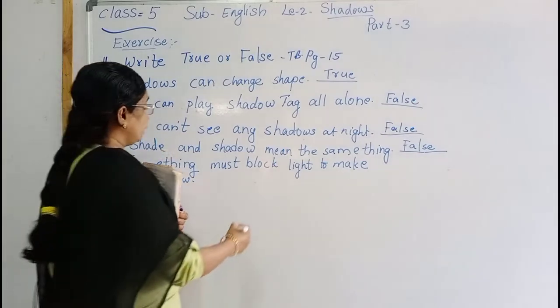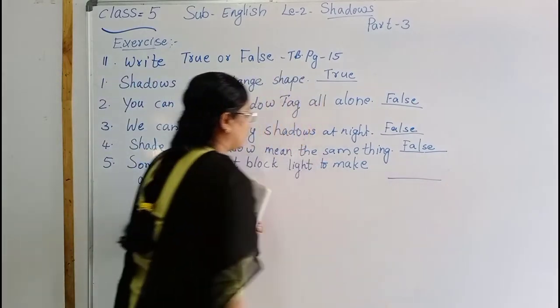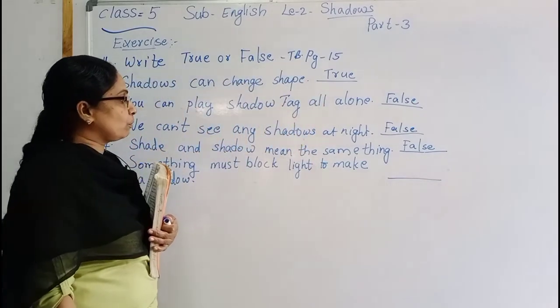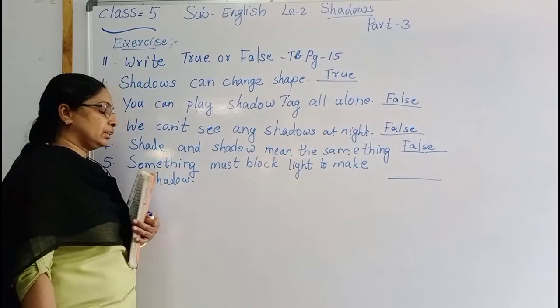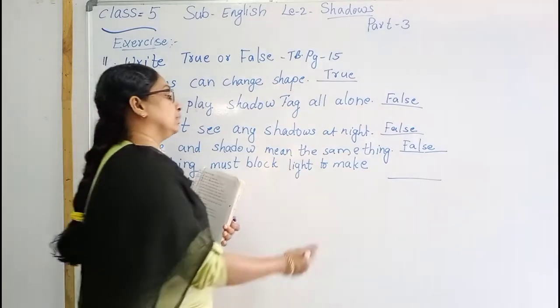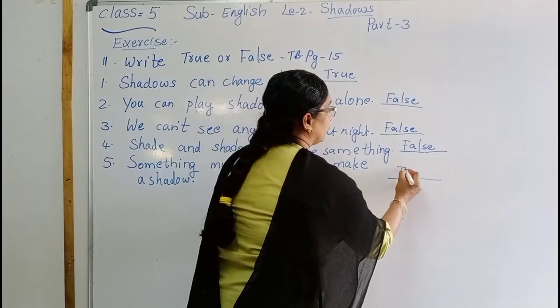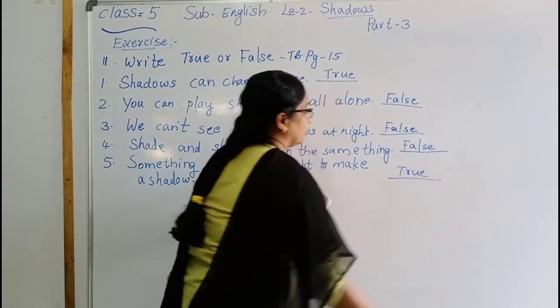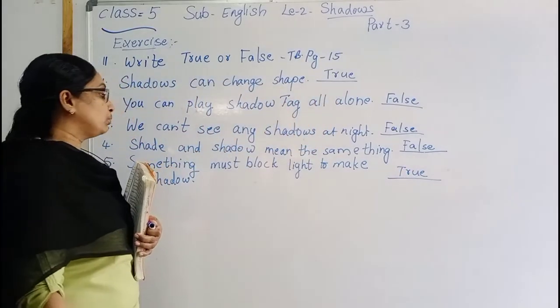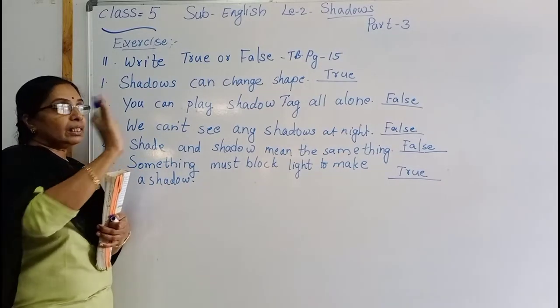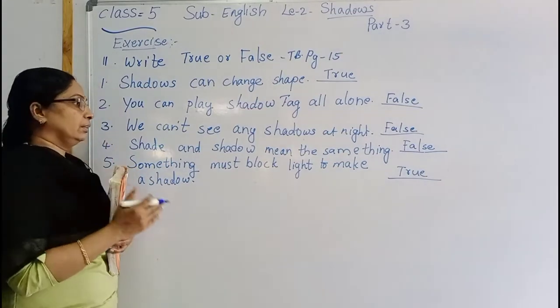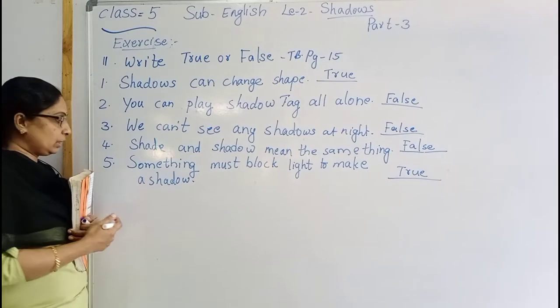See the statement, children. Something must block light to make a shadow. The answer is correct. Answer is true. Something must block the light. Then only we will get the shadow.